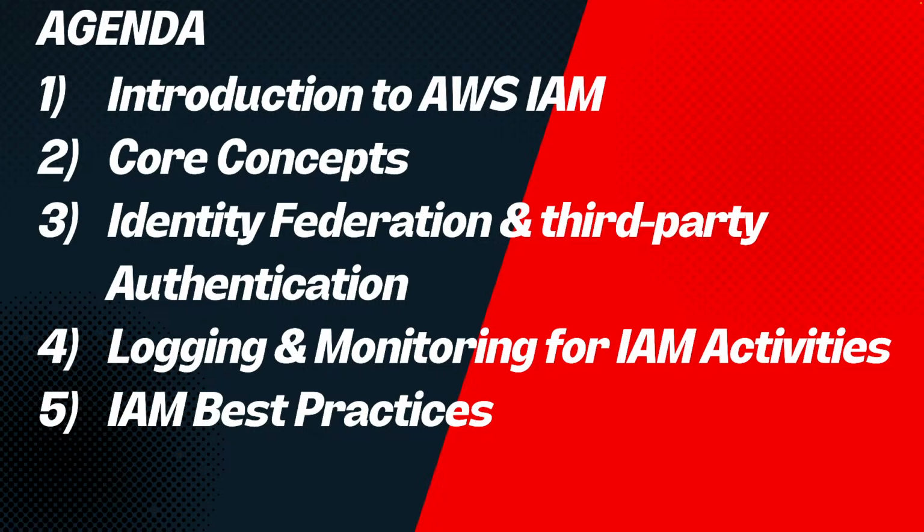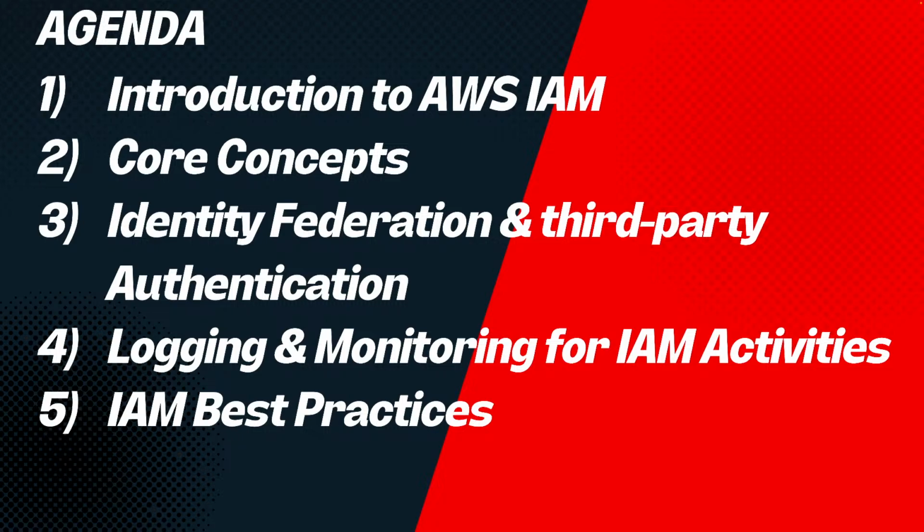So for the same reason, I've included the topic about identity federation and third-party authentication. Instead of using your own IAM based user pool, how can you offload the creation and management of users to maybe your Active Directory and synchronize from Active Directory or Okta or Ping into AWS IAM? That's what the focus of the third point is going to be.